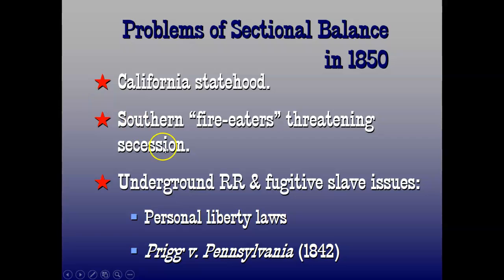So, look, I told you guys they have a legitimate complaint, that the Underground Railroad and fugitive slave laws aren't being enforced. So these very ultra radical Southerners, including Calhoun and others, start to toy with the idea of leaving the Union. It's not popular yet, but it's out there.